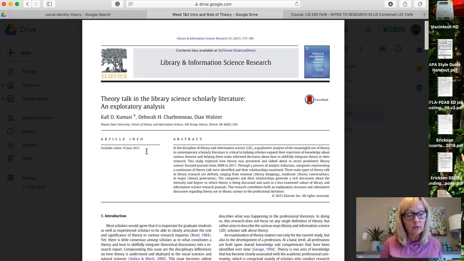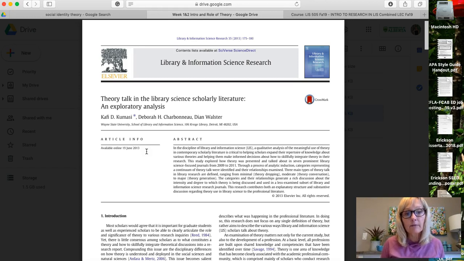So Kamasi's article talks about how theory has been discussed or applied in LIS research, and then what role theory plays. So we have been, like I said, library and information science research has been a little slower to develop, piggybacking, I guess, as it were, on other more long-term established social science disciplines. So in other words, we borrow theory to help to interpret or explain phenomena in library and information sciences.